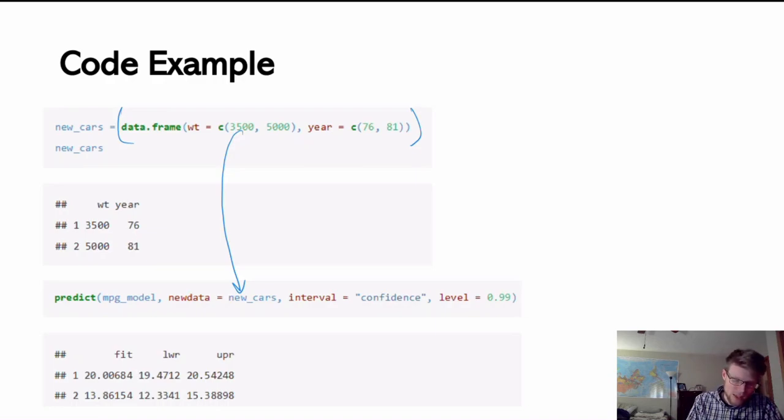So what we would say is that we're 99% confident that the mean of y at this point and this point should be between these two values and these two values. Again, this is weight equals 3,500, year equals 1976. The second one is the prediction for when weight equals 5,000 and year is 1981.